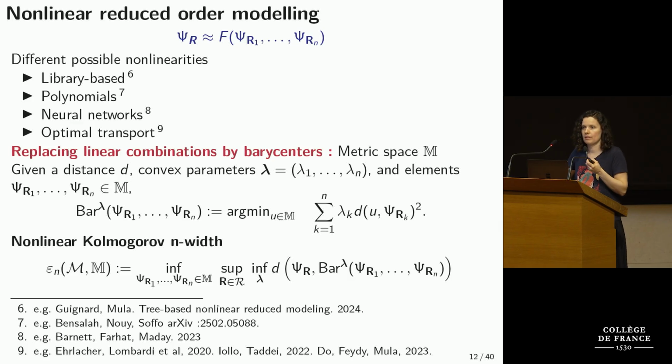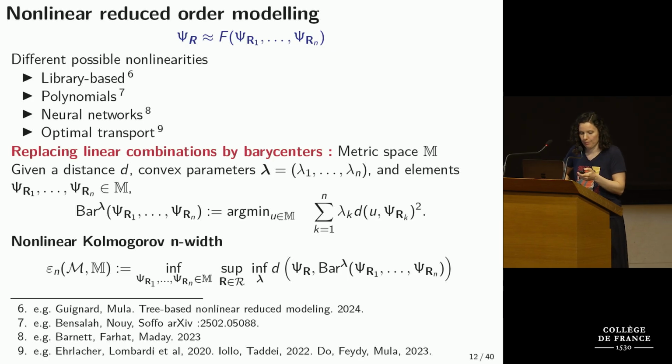What is nice about this is that it can be seen as a generalization of a linear combination, because if you take the Euclidean norm as the distance d, the solution to this problem is just a linear combination of these psi rk.